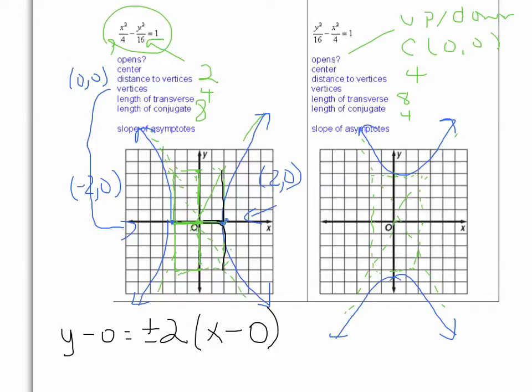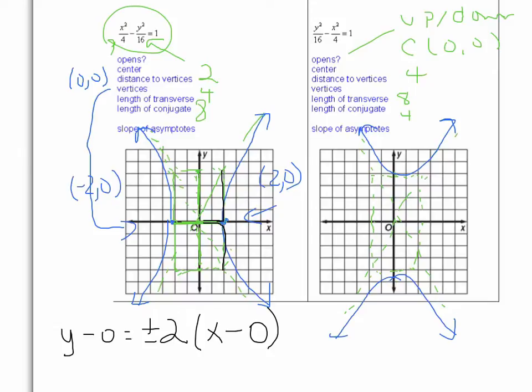Okay, notice that a lot didn't change with this one. The box was exactly the same size, the asymptotes were in the same place, the center was in the same place, all that was the same. What changed was where we graphed the hyperbola after we had the asymptotes. This one went up and down rather than side to side, but you can see that not much else changed because the 16 is still under the y squared, the 4 is still under the x squared, so the size of the box and all that are the same thing.